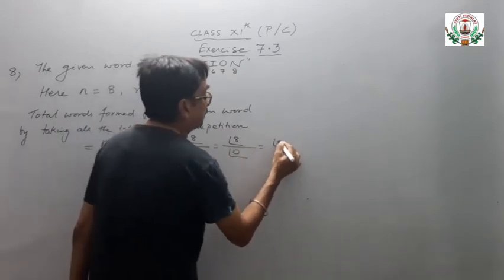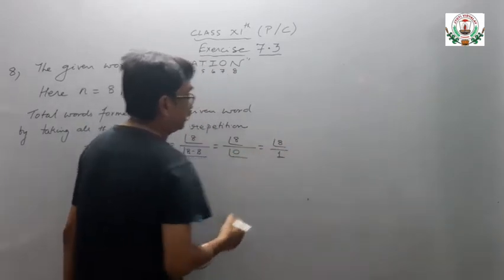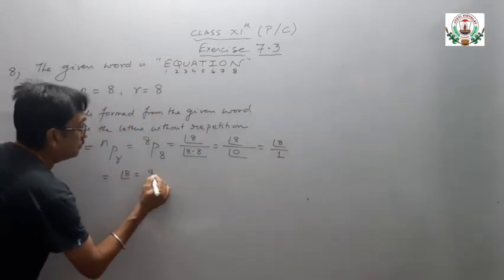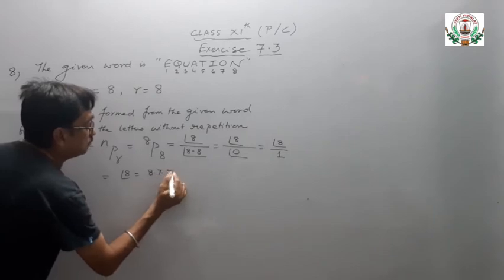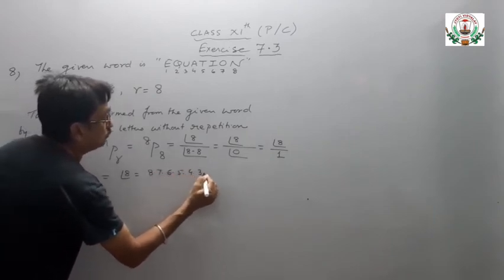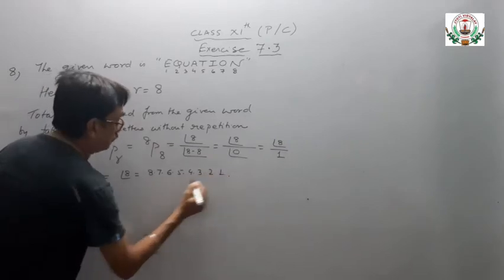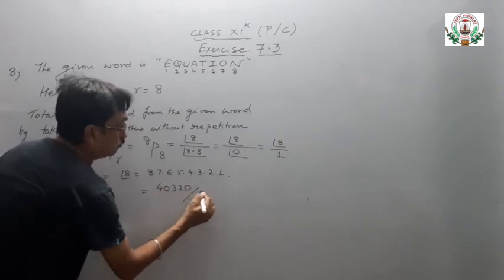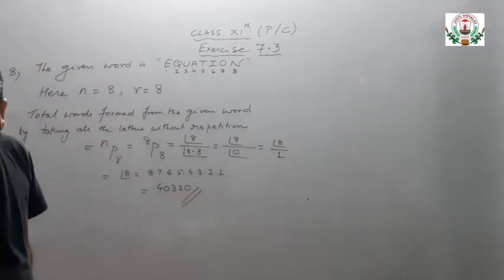As we know that factorial 0 value is 1, so it becomes factorial 8: 8 into 7 into 6 into 5 into 4 into 3 into 2 into 1. So its product is 40320, which is our answer.